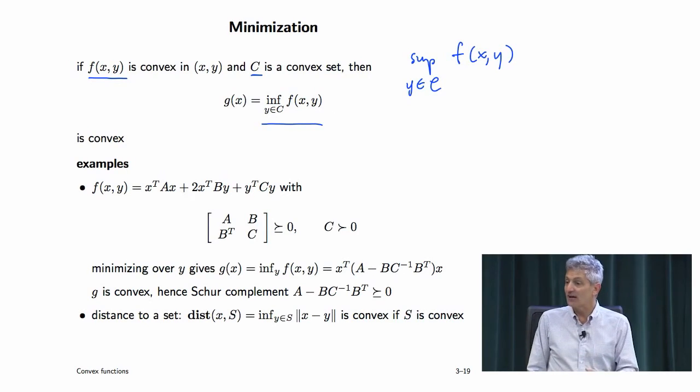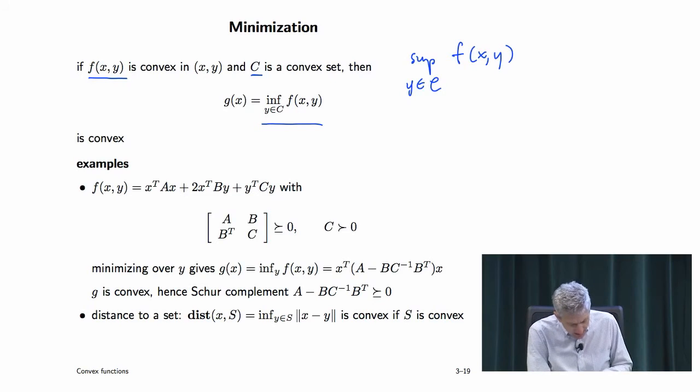Because I have a function f of two blocks of variables, x and y, and I'm going to minimize it over one block, and that will leave a function of the remaining variable. Everybody got this? So that's called partial minimization, and partial minimization here preserves convexity. So if you do partial minimization, you get a convex function.